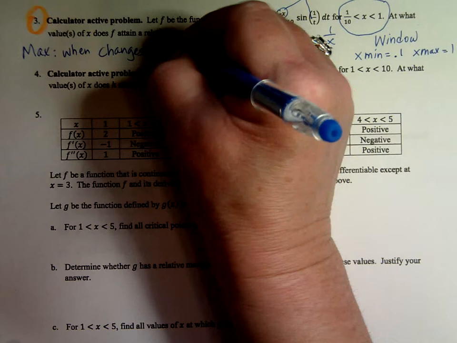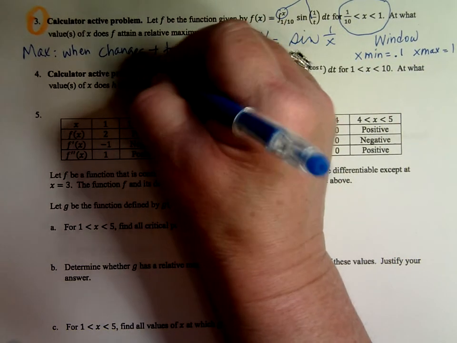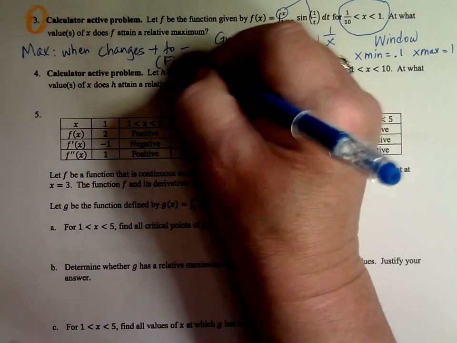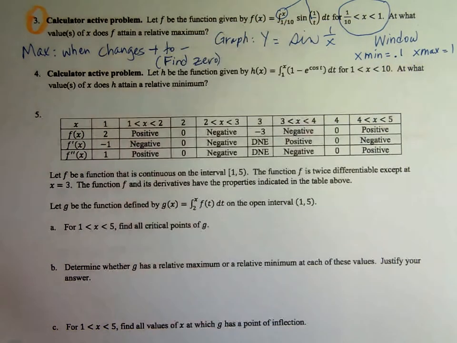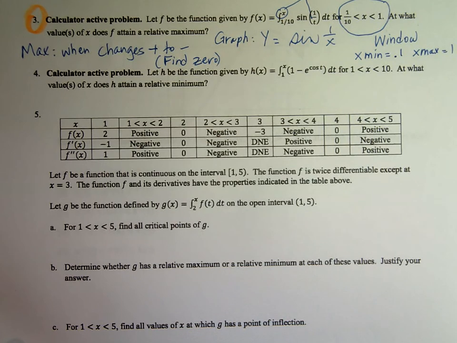So in other words, you want to find the zero where that happens. So you're graphing y equals sine of 1 over x, making your window go between 1/10 and 1. Then you want to know where it changes signs, where it goes from positive to negative. And that should be your value. So that's my hint for number 3.